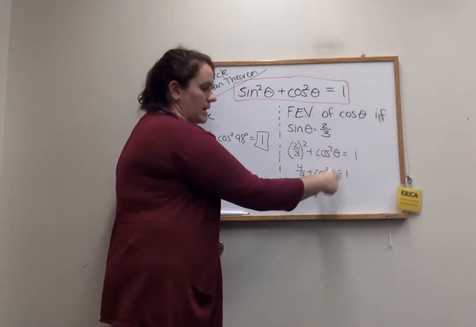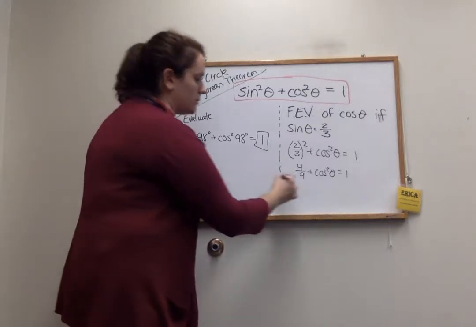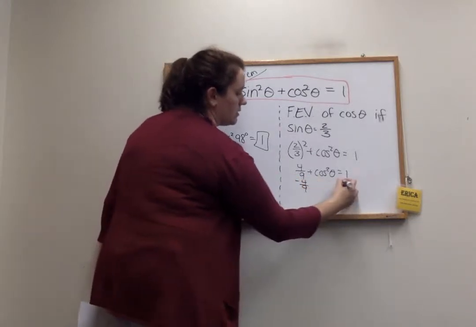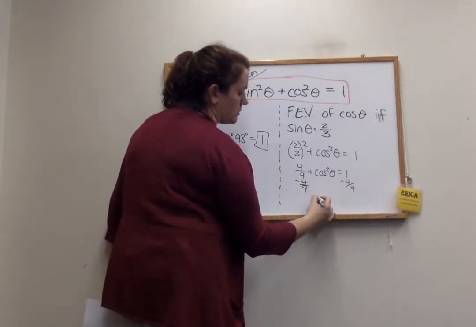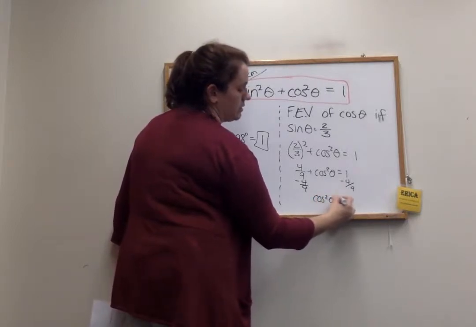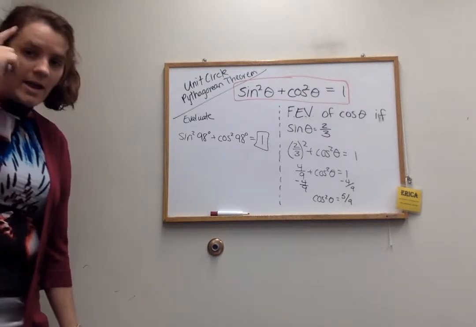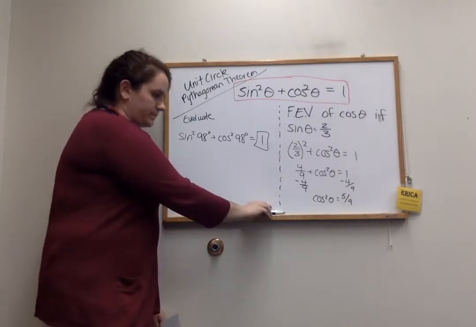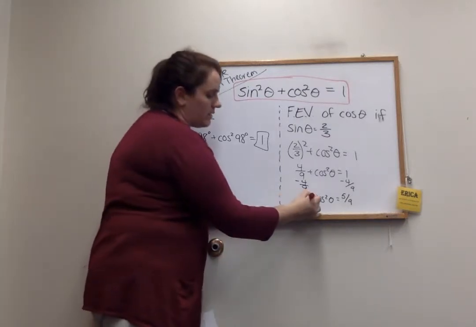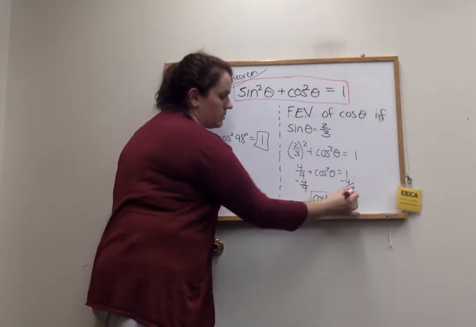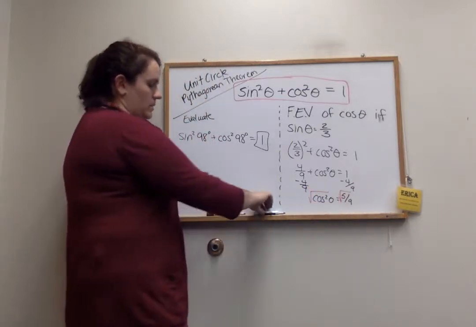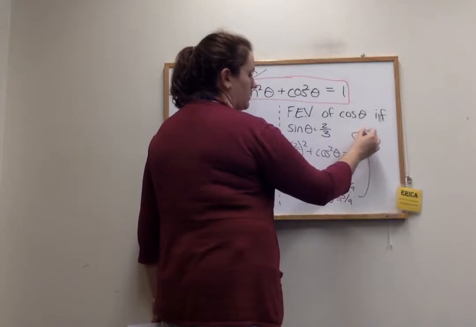To get cosine by itself, we can subtract 4/9 from both sides. So we get cosine squared is 5/9. Use your fraction knowledge to get that. We want to get cosine by itself, which means we need to take the square root.